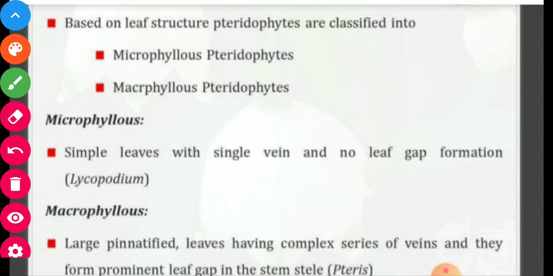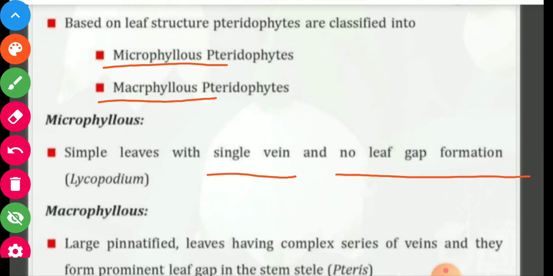Based on leaf structure, pteridophytes are classified into microphylls and macrophylls. Micro and macro, both. Micro means they have simple leaves, single vein, no leaf gap, like in Lycopodium, and macrophylls have large leaves as in Pteris.